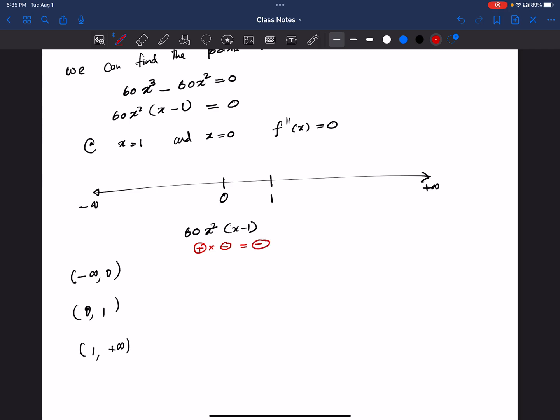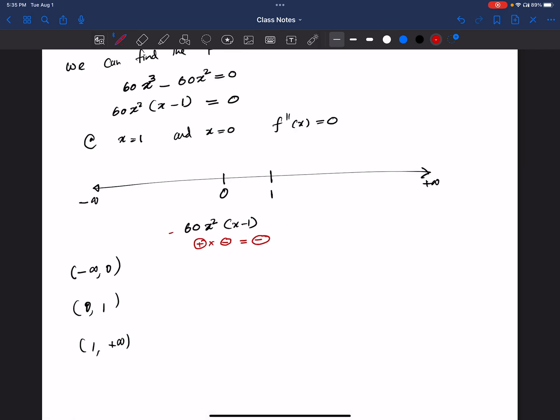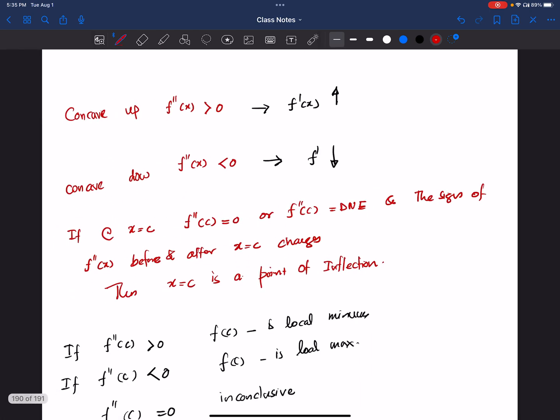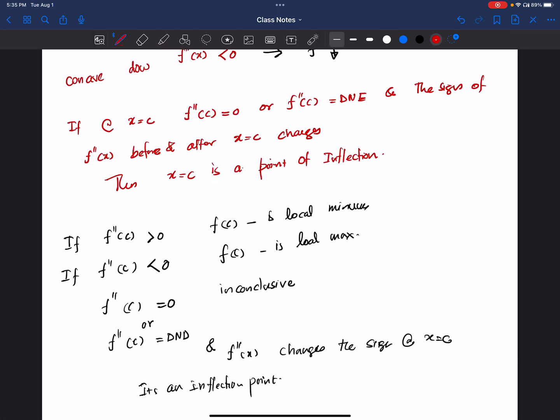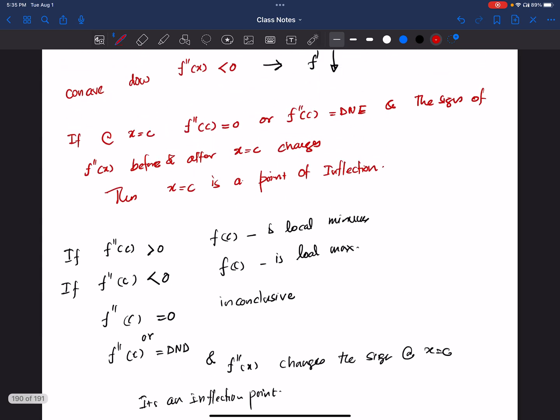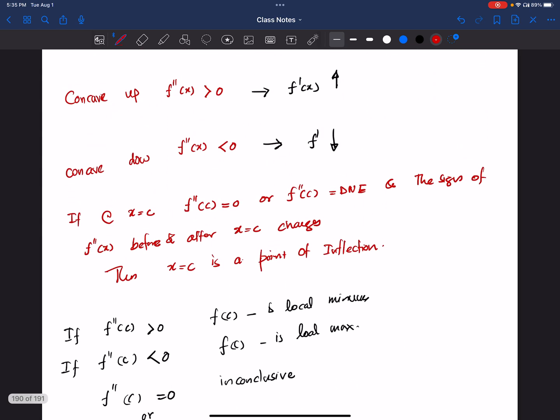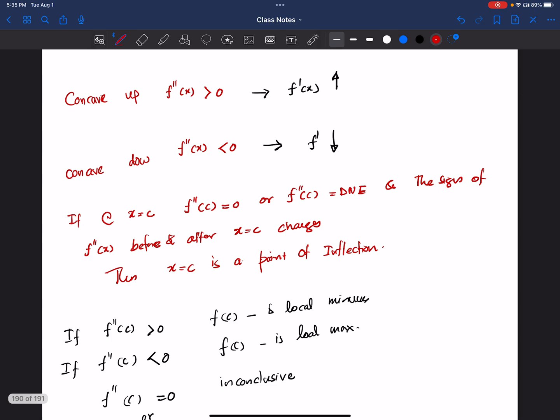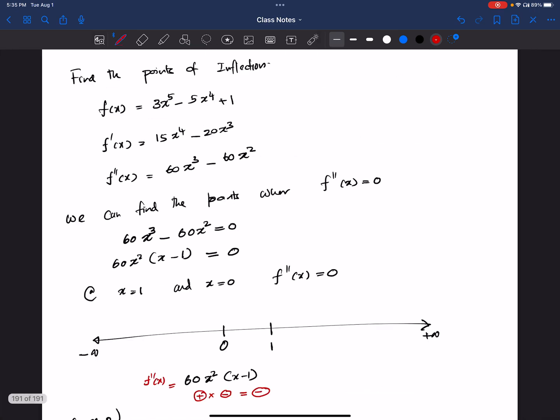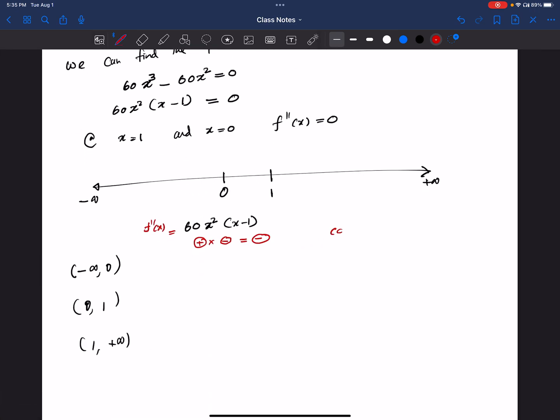So this is f double prime of x, and the sign of f double prime of x is negative, which means it's concave up, right? So you have concave up.